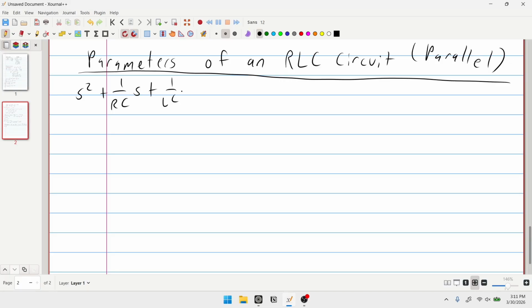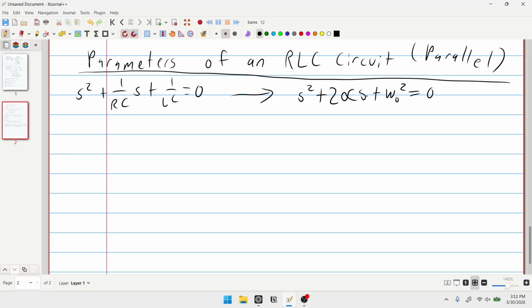This was our original characteristic equation, but typically in any second order system, like a spring or damping, any oscillating thing, we can simplify it to this: s squared plus 2 alpha s plus omega naught squared, which is the natural frequency squared, right?